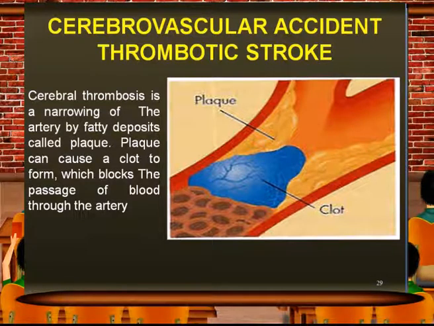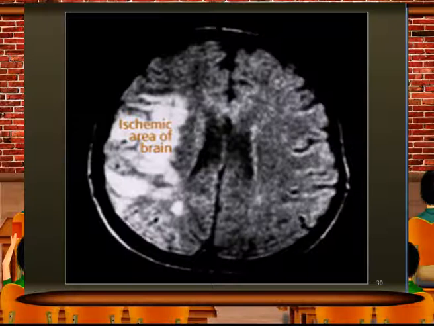Look at this picture where you will see that there is a thrombus, and you can also see the plaques. The cerebral thrombus is a narrowing of the artery by the fatty deposits called plaque, and plaque can cause a clot to form which blocks the passage of blood through the artery. In this CT brain, you can also see the area of infarction on the left side.